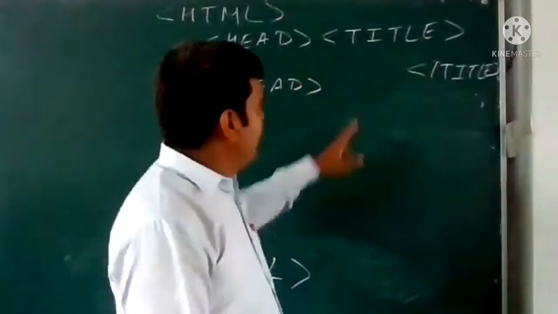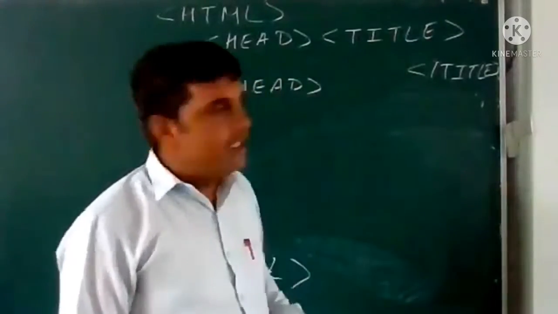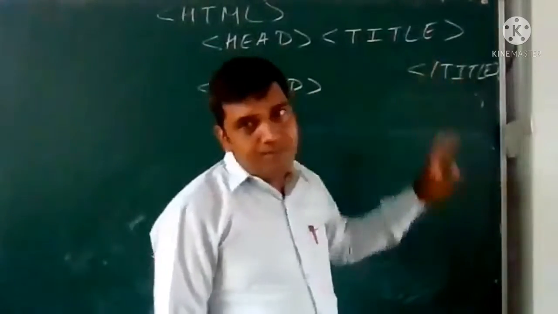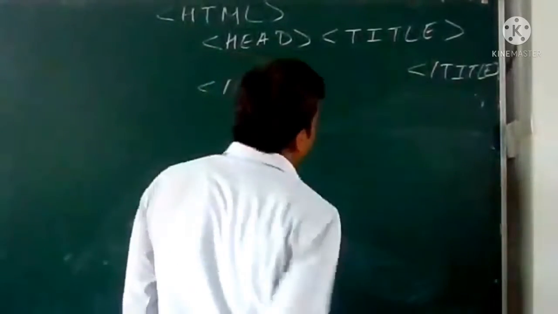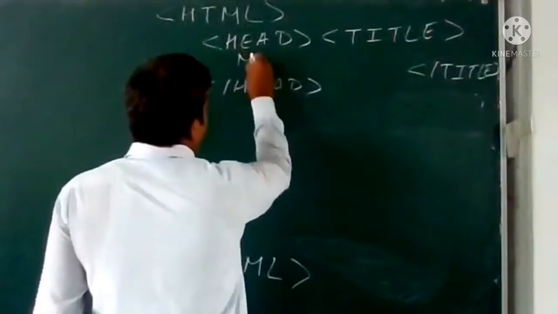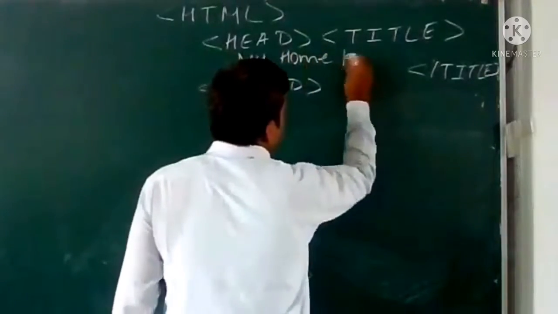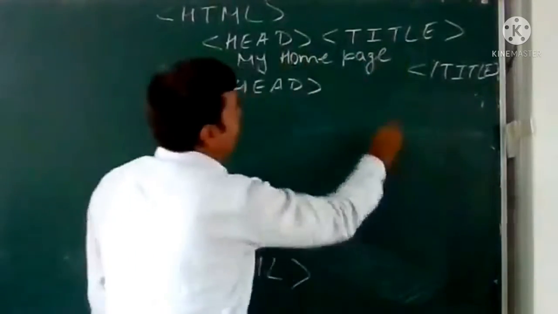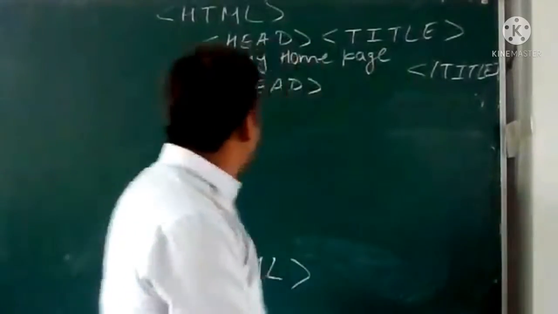That name on the topmost horizontal bar is called the title bar. So whatever we write here will appear on the title bar of the web page. Suppose here I write my home page. So this line, my home page, will appear at the title bar of the web page.